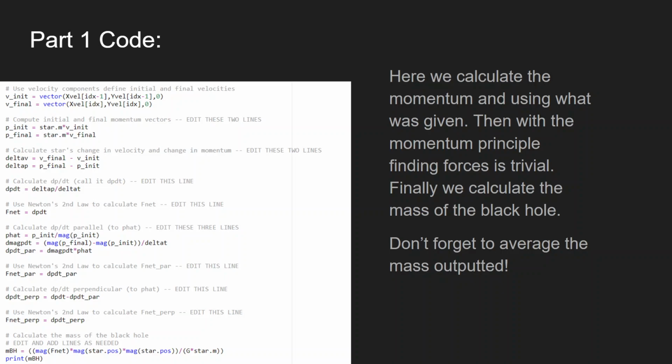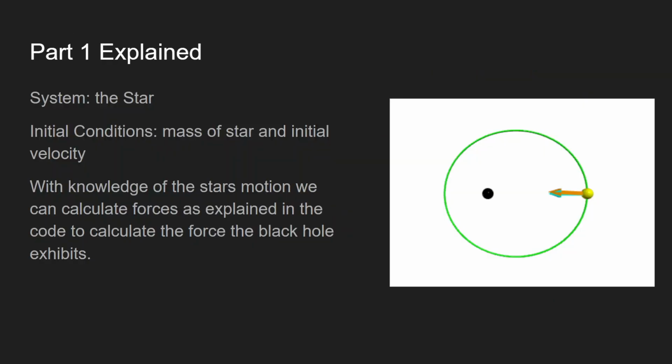Then with that, we can naturally get the net force, and really the difficult part here was getting the mass of the black hole from that, but messing around with the equations we had, it wasn't too bad. Finally, we're printing on every loop the mass of the black hole because it isn't constant, at least not super constant. So we need to average that to get the number we had here.